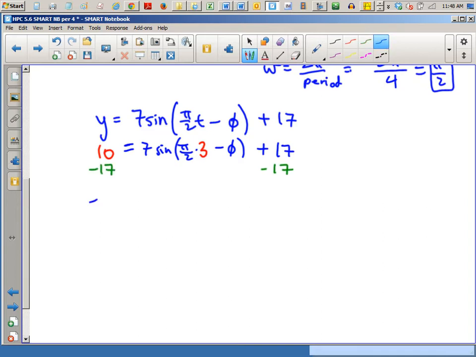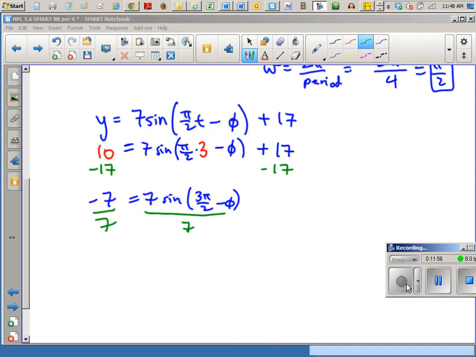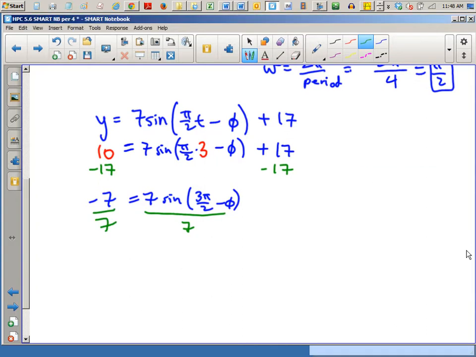This gives me negative 7 equals 7 sine of 3 pi over 2 minus phi. Divide by 7. Dividing by 7, I have negative 1 equals sine of 3 pi over 2 minus phi.